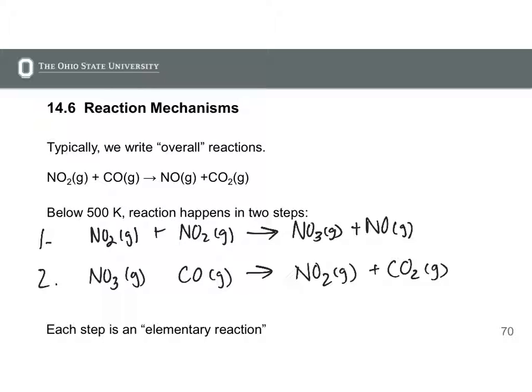It's a shame that we leave out the really cool part of this section of material, which is how we figure out these reaction mechanisms. Reaction mechanisms are always proposed. Okay, they're never fully determined. There's a lot of very complicated things that go into figuring out reaction mechanisms, but they're usually just a proposed mechanism. We can use our rate laws to go back and confirm or deny that mechanism.